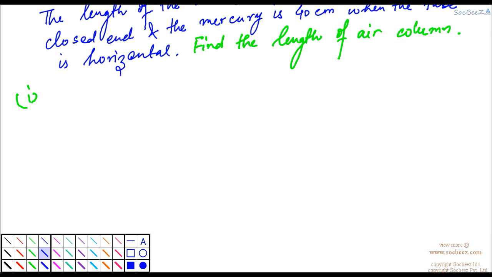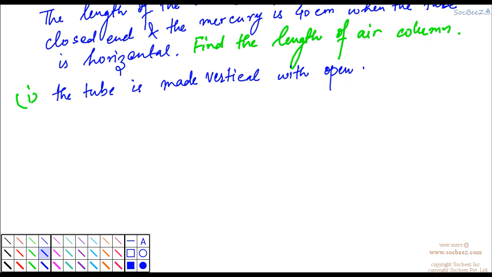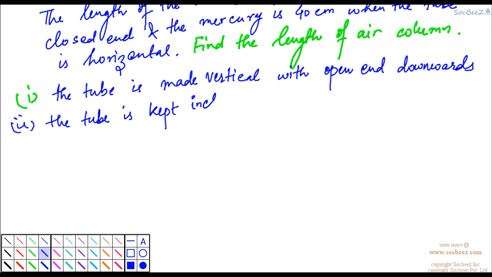The first being the tube is made vertical with open end downwards, and the second being the tube is kept inclined at 60 degrees with the vertical, with open end downwards.